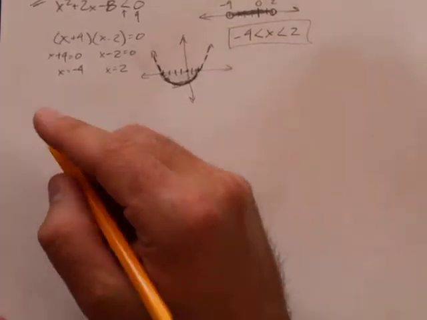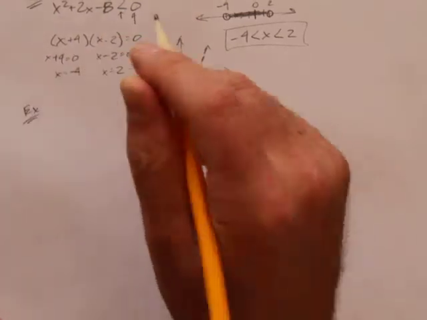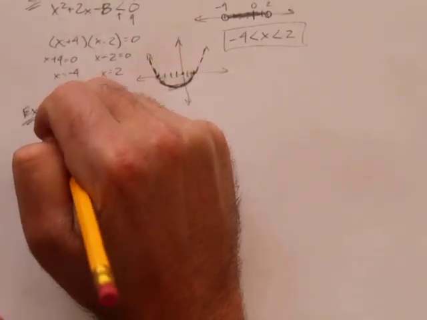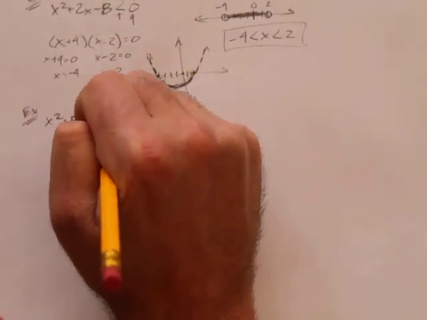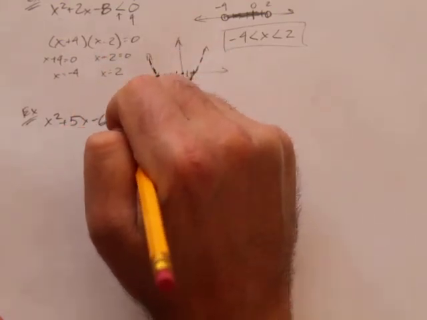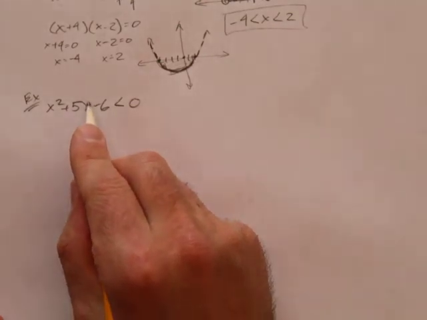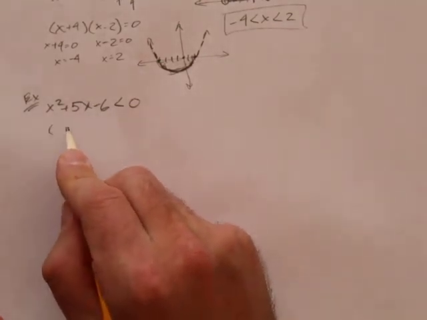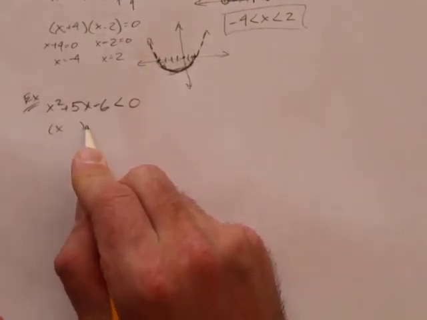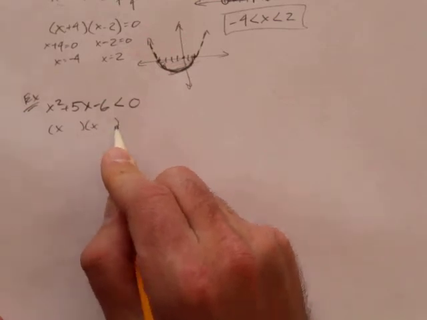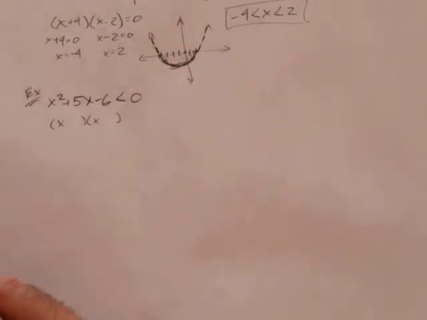Let's do another one. We got 2 more of these to do. x squared plus 5x minus 6 is less than 0. All right, so I'm going to factor this. What do I add together to get positive 5, multiply together to get negative 6?